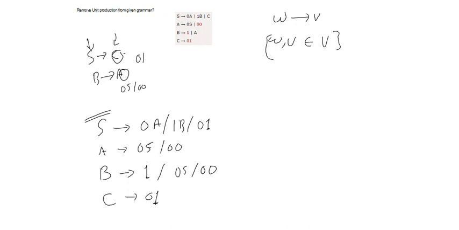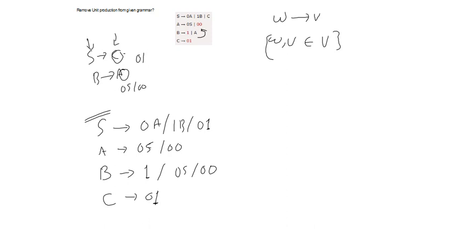Then come to the next production, A implies 0S slash 0, 0. In that case, we don't have any unit production. But in the third production, you can see B implies 1 slash A. A is a single non-terminal on the right hand side, and we can eliminate that unit production. How we remove it: on the right hand side you have A, so you replace that A with its production rule, A implies 0S slash 0, 0.